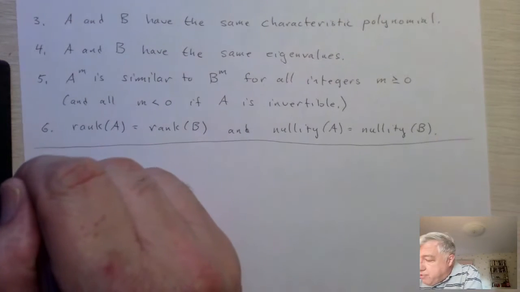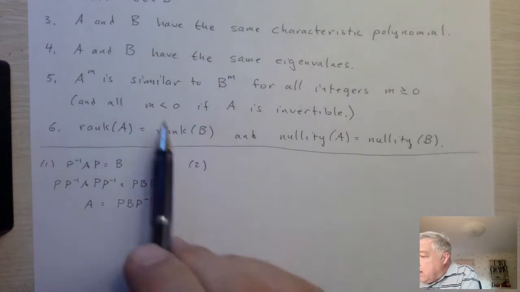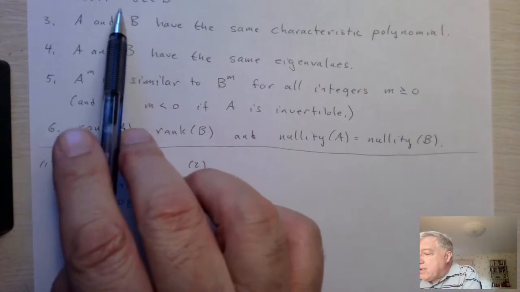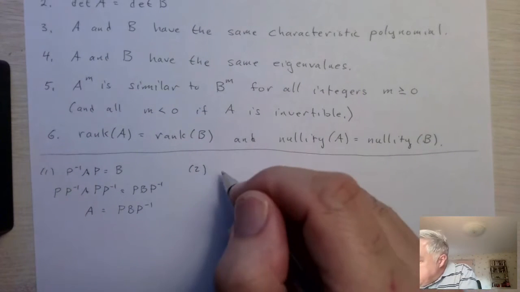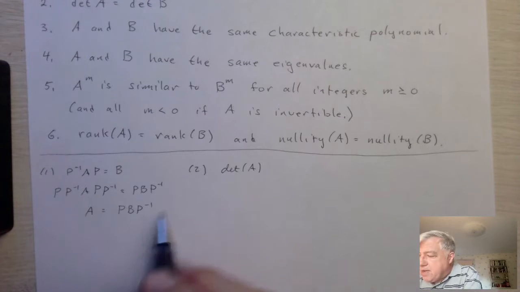So that proves one. To prove two, we want to show the determinant of A equals the determinant of B. The determinant of A, we now know, is the determinant of P B P inverse.